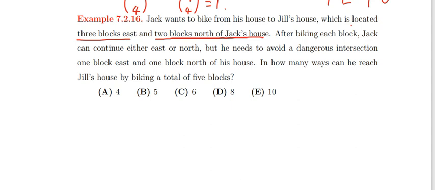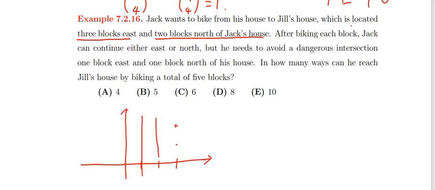So we just put Jack's house here, and Jill's house is 3 blocks east and 2 blocks north of here. So 3 blocks, 2 blocks. From this point to this point, how many ways?